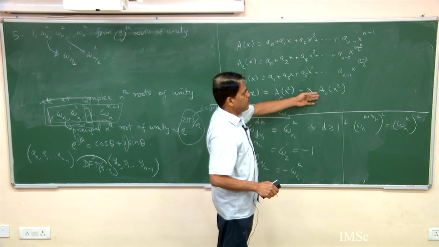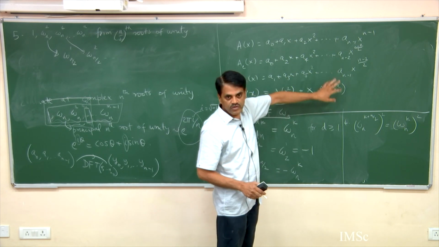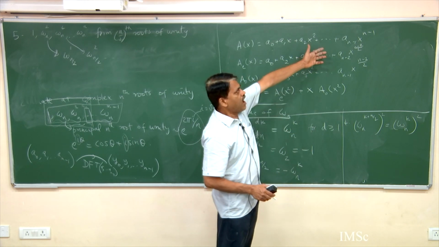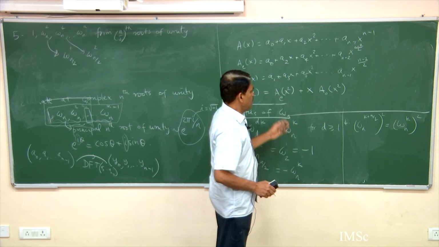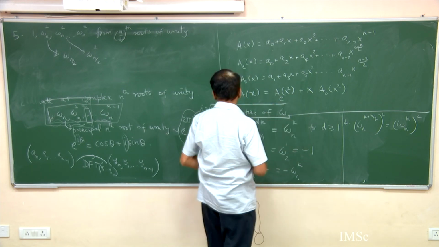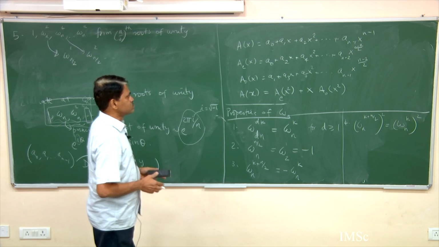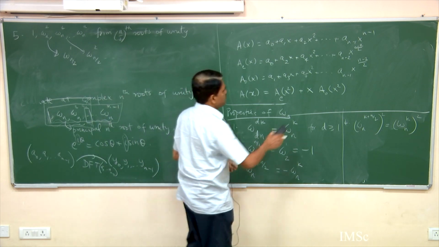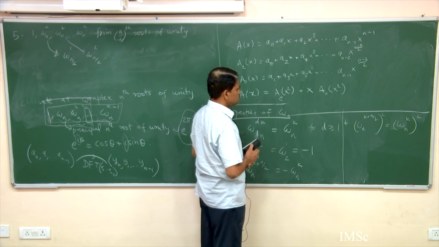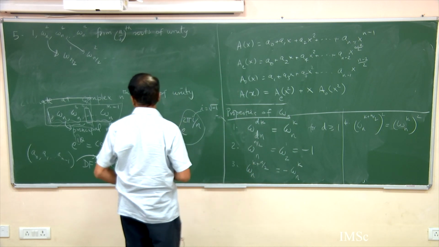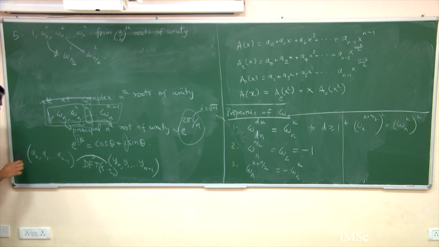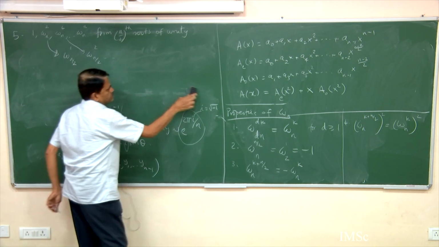Similarly, evaluate AO at n by 2th roots of unity, and they are of half the degree anyway, and put this together. Because x will change, right? And you have to multiply this by x. So that's it. So let me complete the algorithm now.